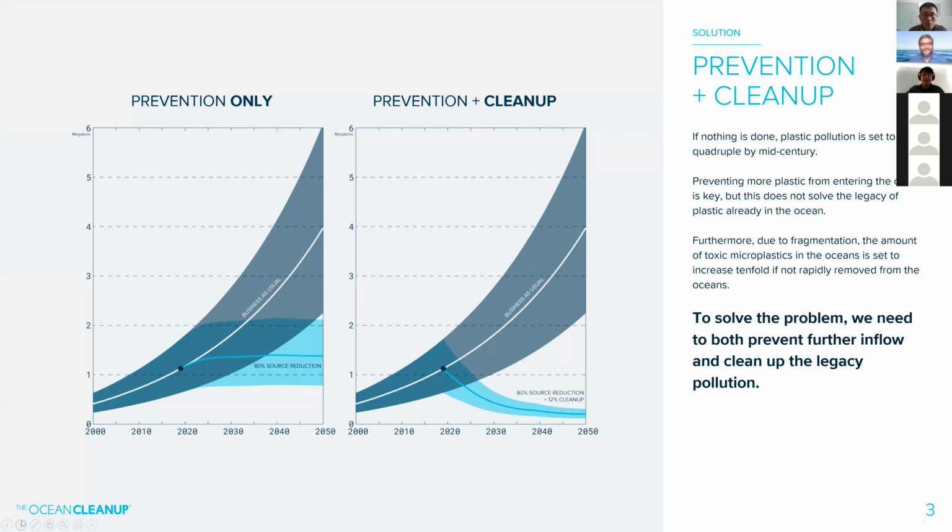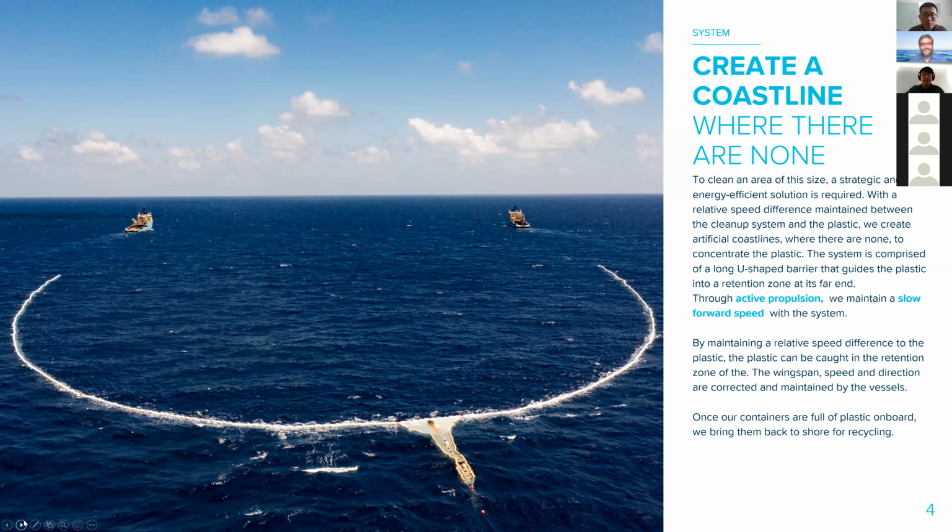In general, the research does show that by prevention only, the plastic pollution that's already out there won't go away. So we need a combination of both preventive actions as well as cleanup actions to really get rid of the plastic pollution.